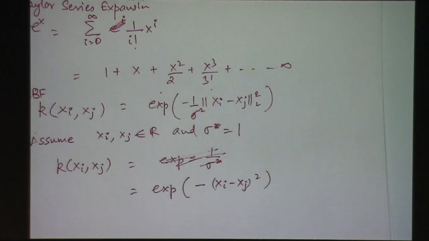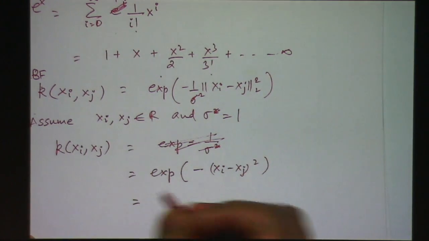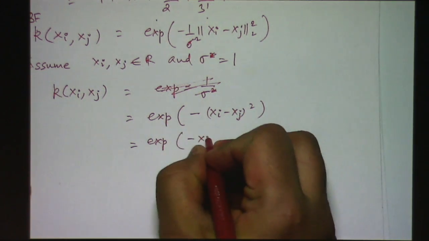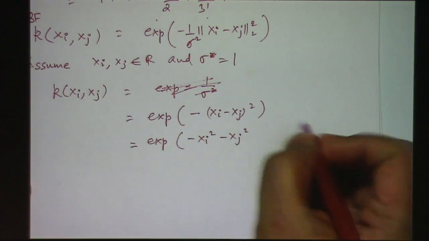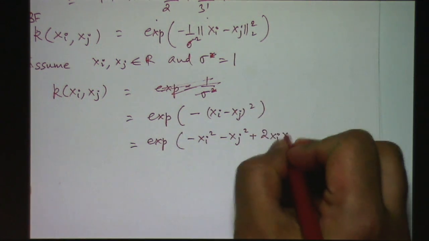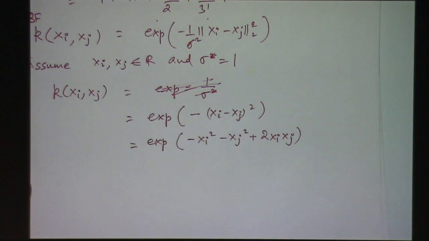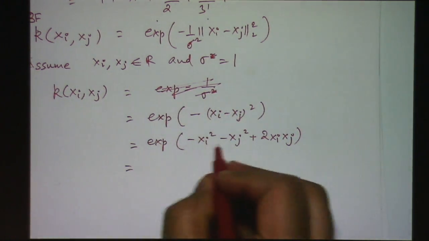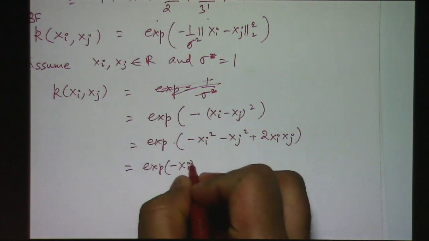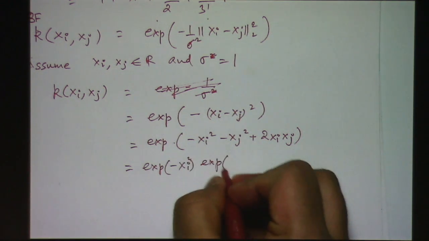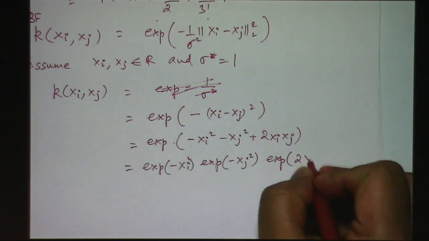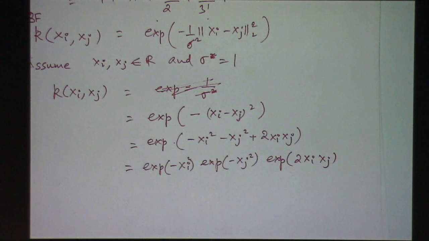That is easy, and then I can expand it and say that this is equal to exp of minus xi squared minus xj squared plus 2 xi xj, right? And then I'm going to open this. This is an exponent, so this will be exp of minus xi squared times exp of minus xj squared times exp of 2 xi xj, right?